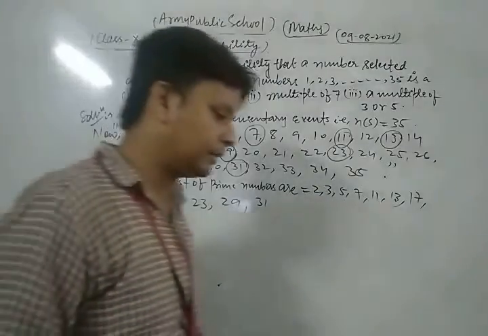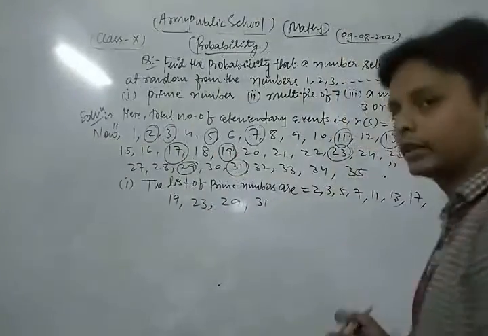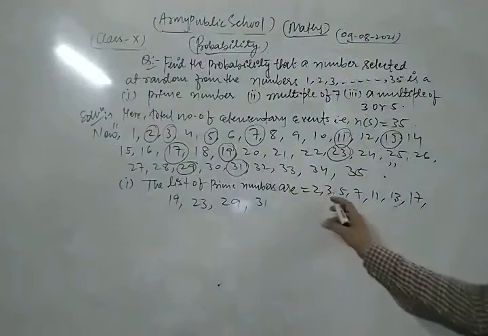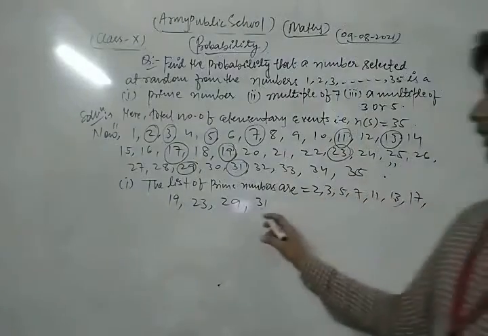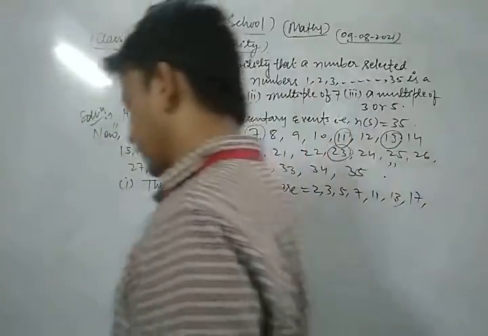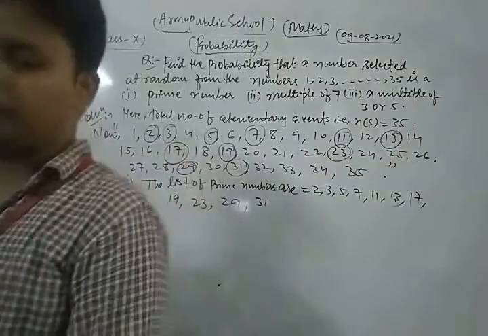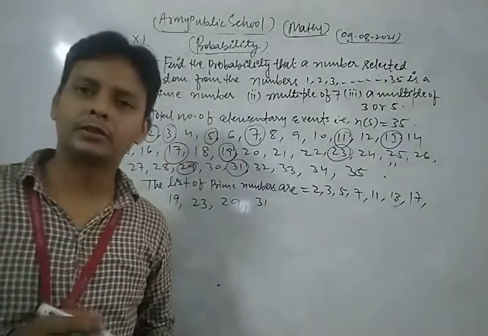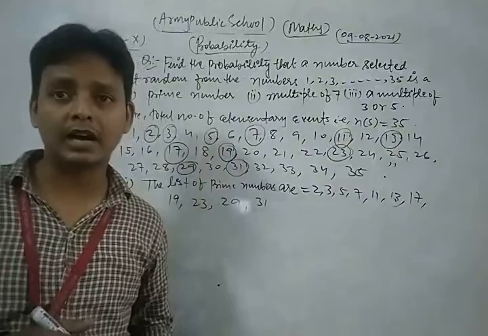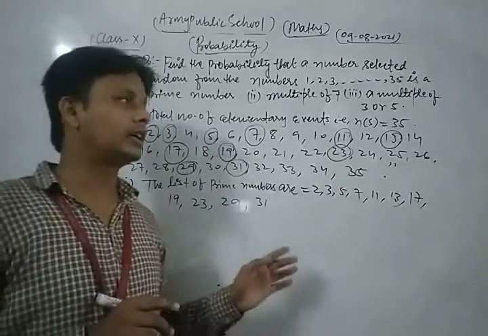So how many prime numbers are there from 1 to 35? Let's see. 1, 2, 3, 4, 5, 6, 7, 8, 9, 10, 11. So the total number of prime numbers from 1 to 35 is 11.